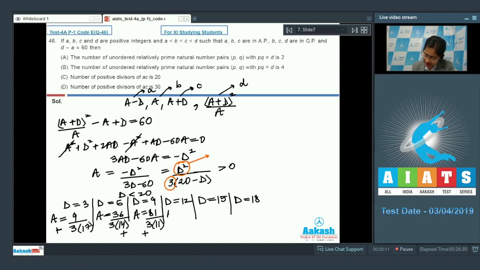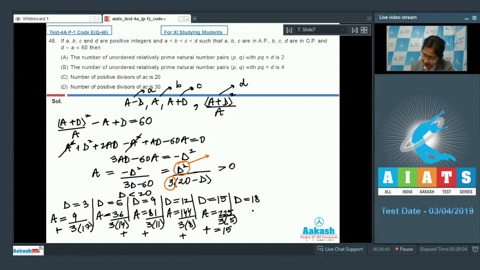Here A equal to 144 upon 3 into 8 is also rejected as A minus D is negative. From here A equal to 225 upon 3 into 5, that is A is equal to 15, but one of the numbers is A minus D, that is 0, but the numbers are positive, so this is also rejected.